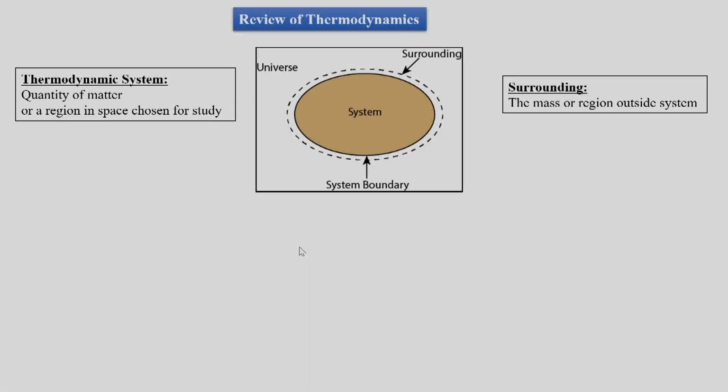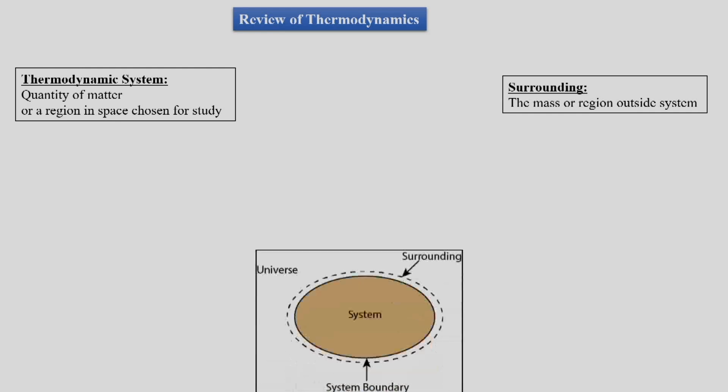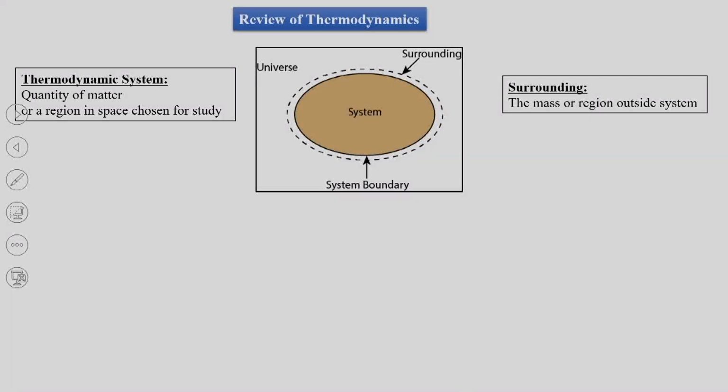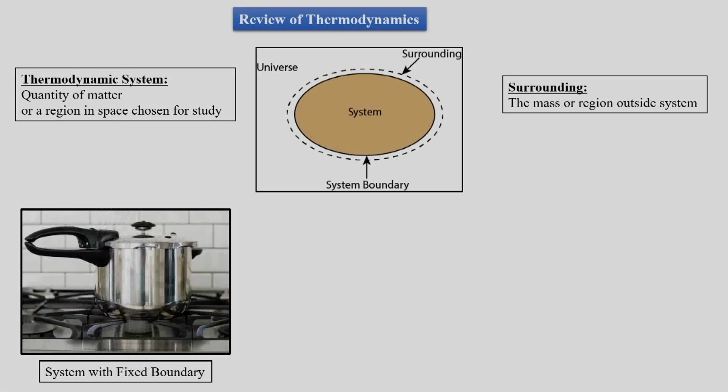Then a typical sketch of a system is like this. So, we have the system here which is shown inside an ellipse, and then we have the surrounding outside the system. But then system and surrounding together would comprise an entity which is called the universe. So, universe is system plus surrounding.